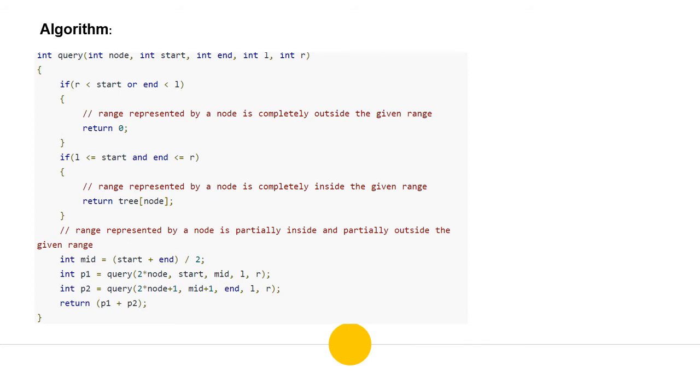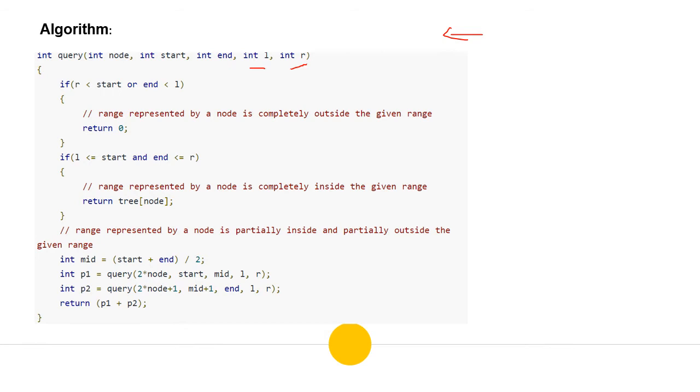This is the algorithm for the range query. So what we do is that we take two inputs from the user, which are the left index and the right index, for which segment we have to find the sum.